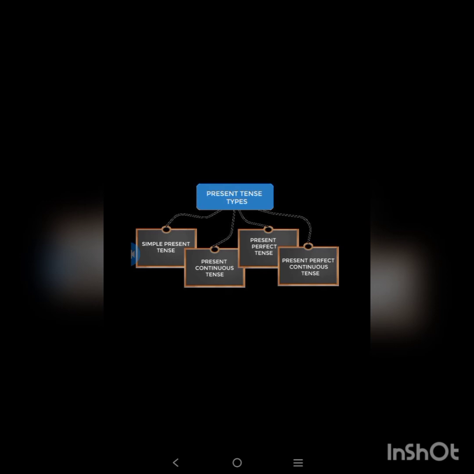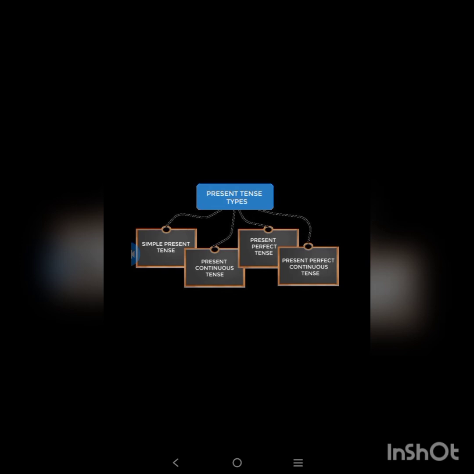And present continuous tense helps us to say a continued or ongoing action at the present time. The action is continuing during that time. And what is present perfect tense? The action that began in the past and it is continuing in the present.